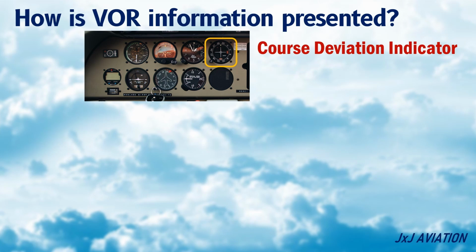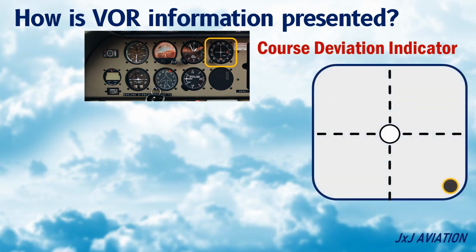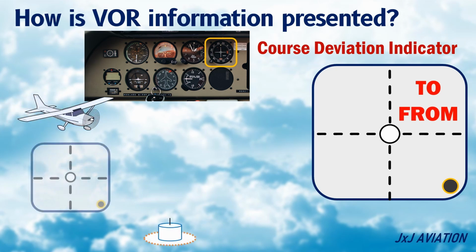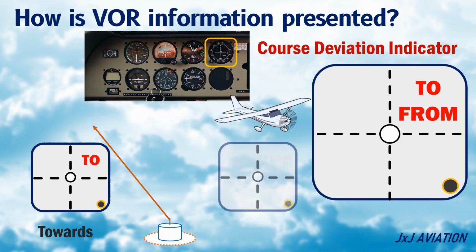To know whether an aircraft is flying towards or away from a VOR, a TO or a FROM flag will appear on this indicator. TO means the aircraft is flying towards the VOR. FROM means the aircraft is flying away from the VOR.